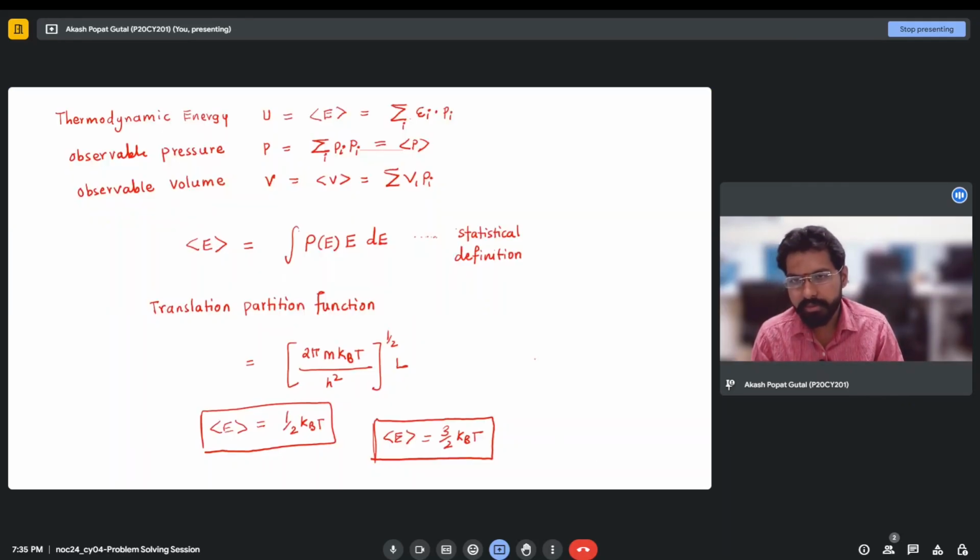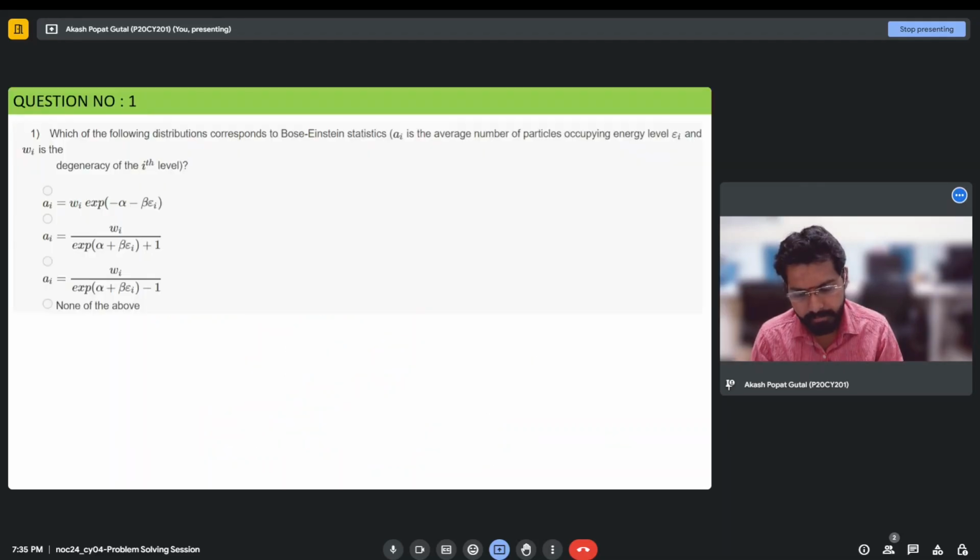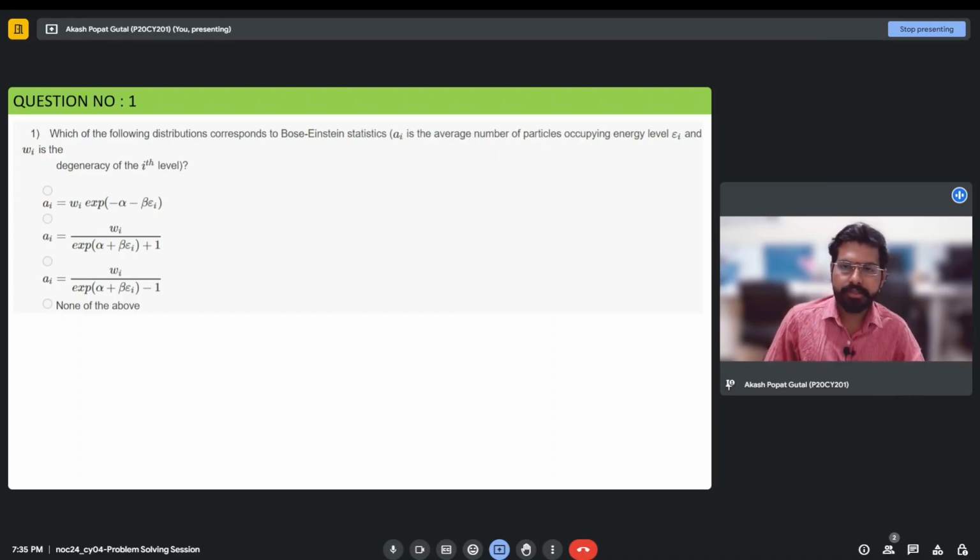Fine. We will start doing our problems for today's session. Question number one: which of the following distributions corresponds to Bose-Einstein statistics? Ai is the average number of particles occupying energy level epsilon i, and omega i is the degeneracy of the ith level.